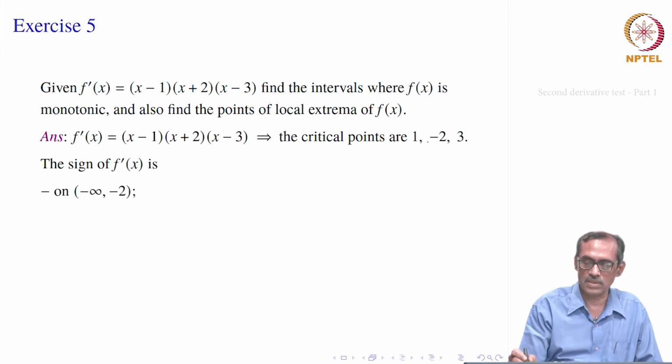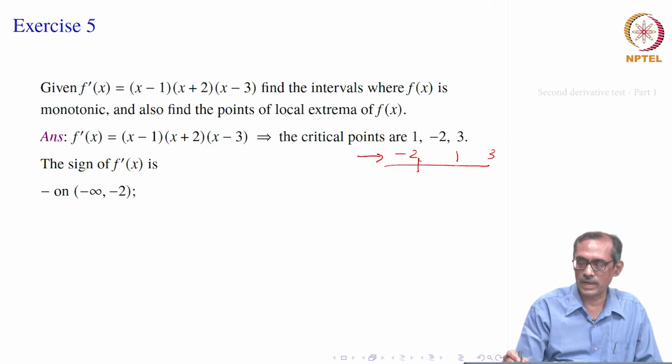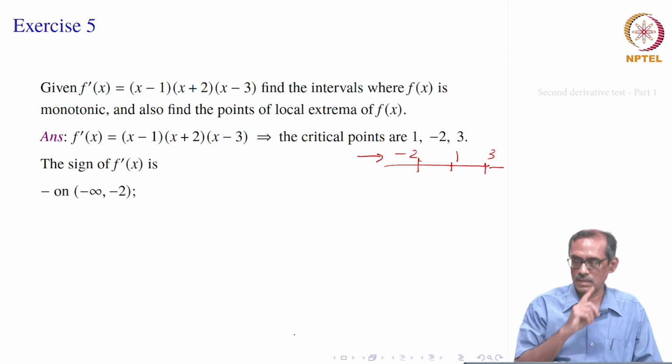Now, we have to discuss the sign of f prime in all these intervals. First is minus 2, then comes 1, then comes 3. So, one interval is from minus infinity to minus 2, then from minus 2 to 1, then from 1 to 3, and then 3 onwards. These are the 4 intervals.